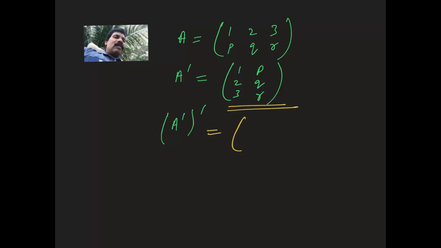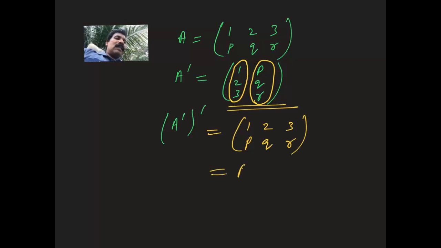That will be this 1, 2, 3 column becomes our 1, 2, 3 row, because we are interchanging columns into rows and rows into columns, and this PQR column becomes a PQR row. And what is this? This is nothing but capital A. That is why A dash dash is equal to A. Transpose of a transpose is the matrix itself.